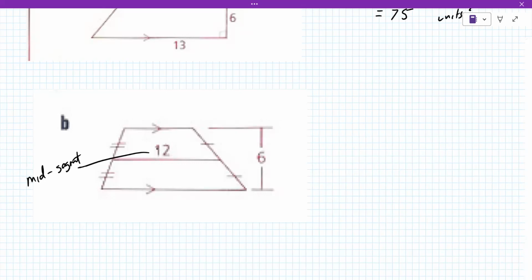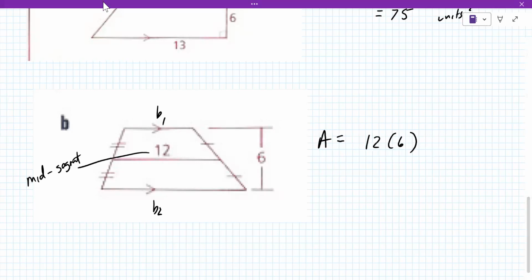So that one is the average of the B1 and the B2. So normally you have to take the average. This time you don't. It's just 12 times 6 for your area. Is that okay? Yes. Okay, great.